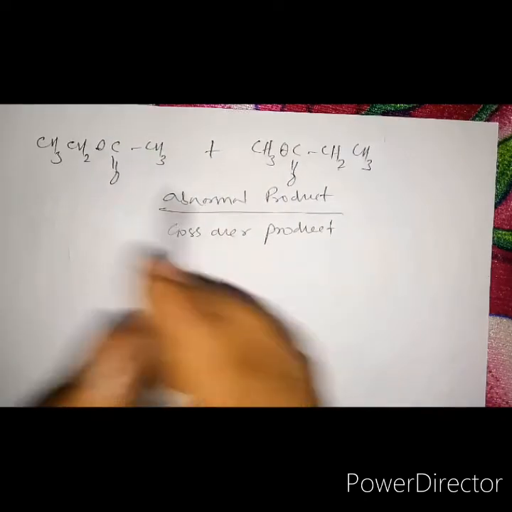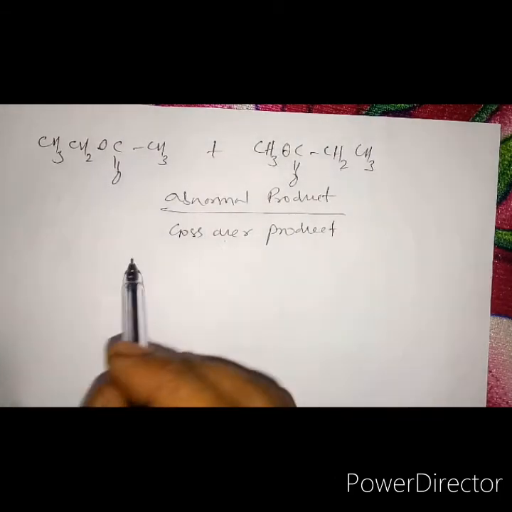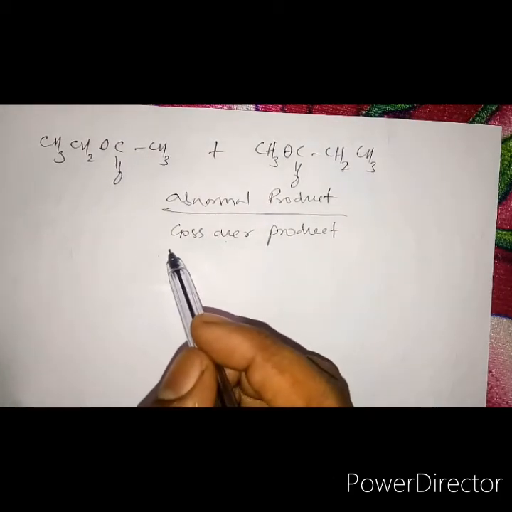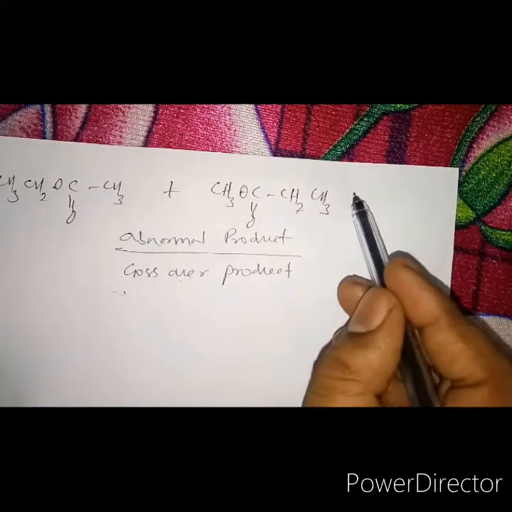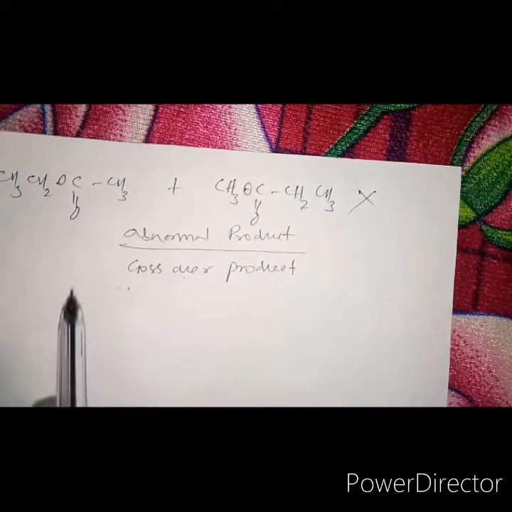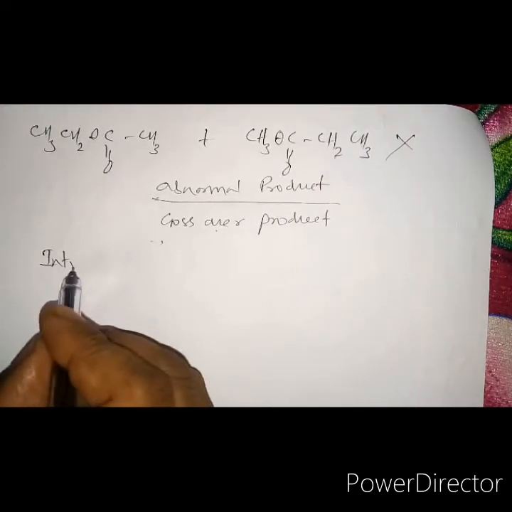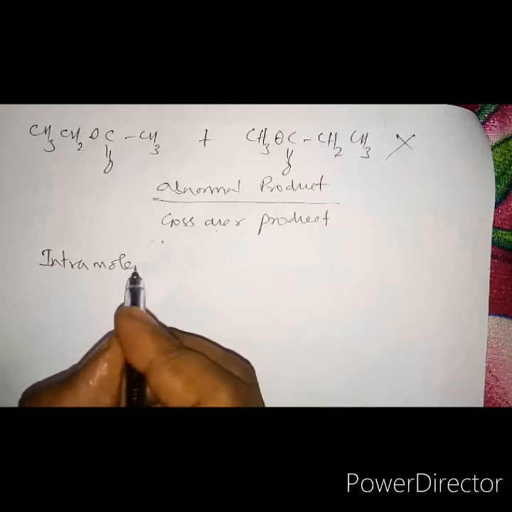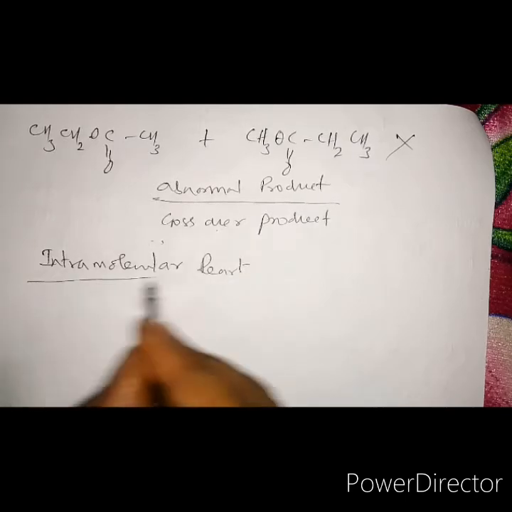Along with the normal product, we also get a crossover product that indicates that it is an intermolecular rearrangement. But during the crossover experiment there is no formation of these two products. That indicates that the rearrangement is purely intramolecular. It's purely an intramolecular rearrangement reaction.